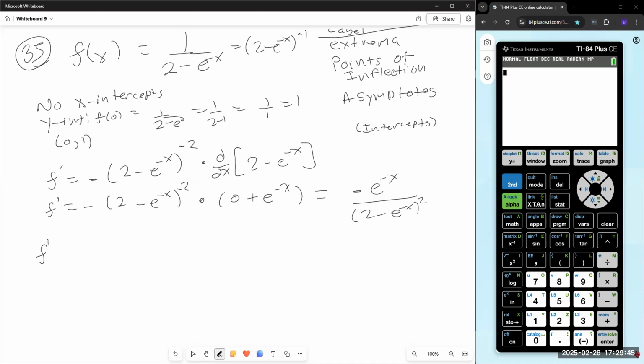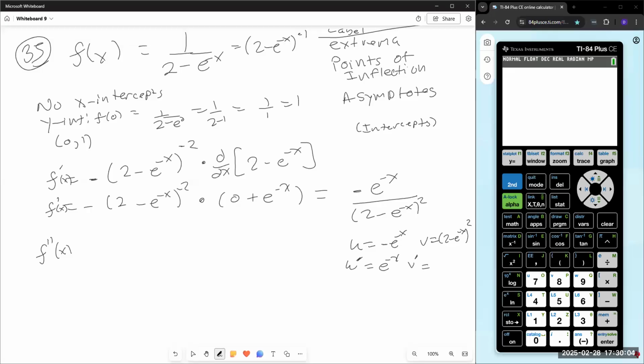When I find my second derivative, my u is equal to negative e to the negative x, and my v is (2 minus e to the negative x) quantity squared. My u prime is e to the negative x.